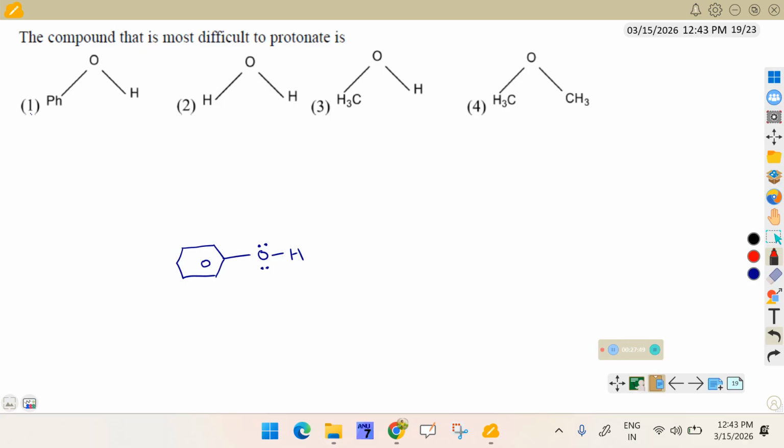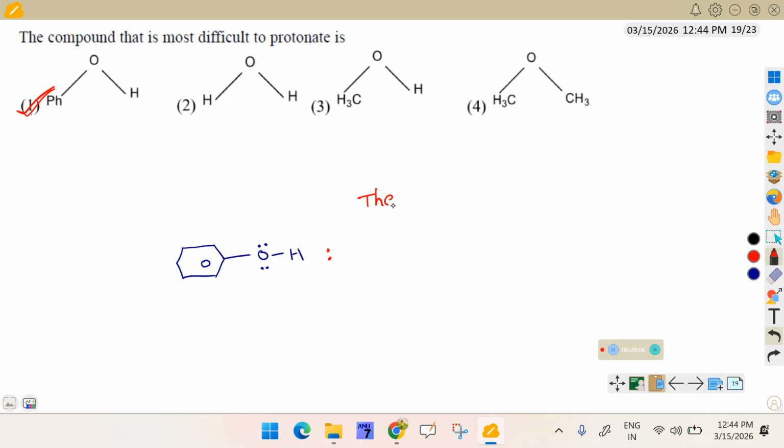See the next question. The compound that is most difficult to protonate is phenol. It is most difficult to protonate because what is the reason?